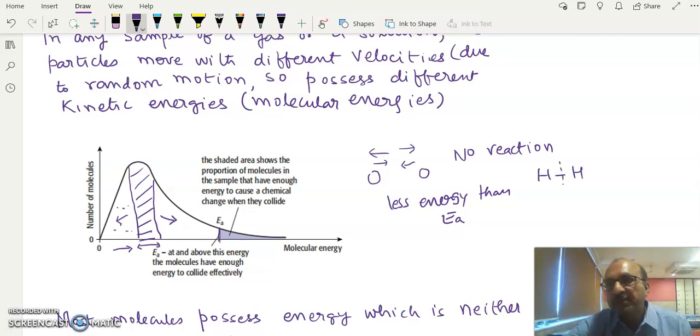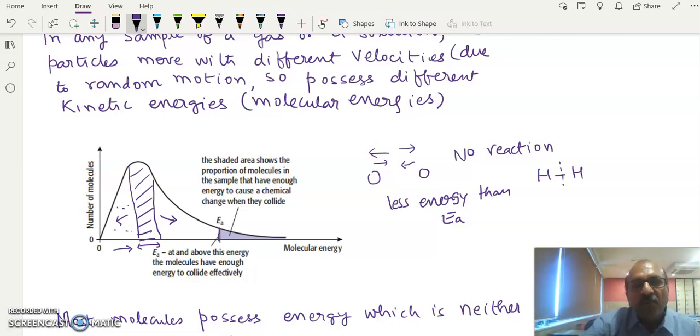In order to break this bond, there should be some minimum energy. Unless this bond or other bonds in the molecules are broken, the reaction doesn't start. So the molecules must have minimum energy equal to the activation energy. Then only the bonds can break, and then only a reaction may take place.